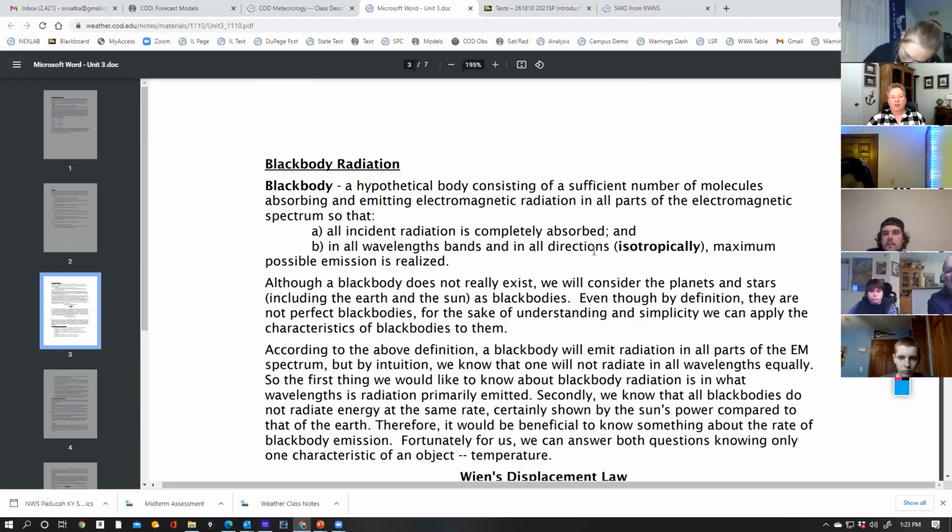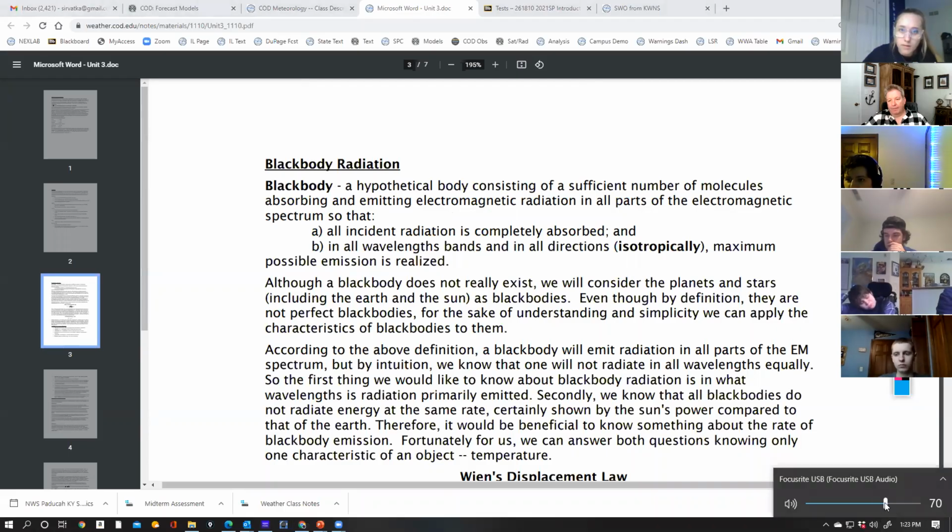It's a hypothetical body. So question, boys and girls, why talk about something that's hypothetical? What do you think, Zach? Why talk about hypothetical objects? It would give us a better understanding of how it really works, because isn't that how the parcel was a hypothetical parcel that helped us better understand how clouds function?